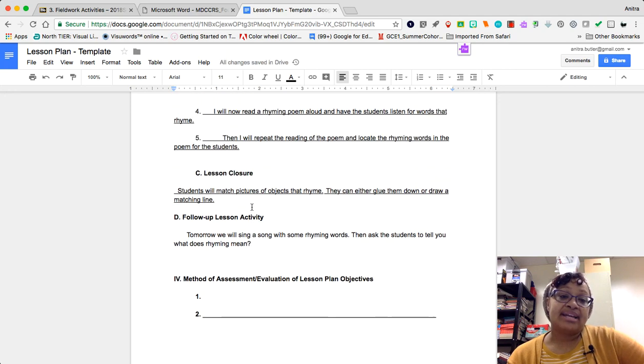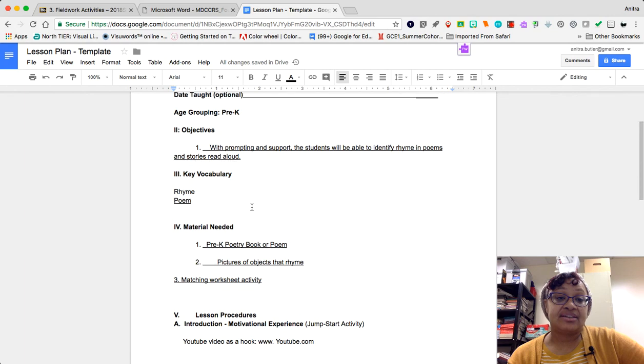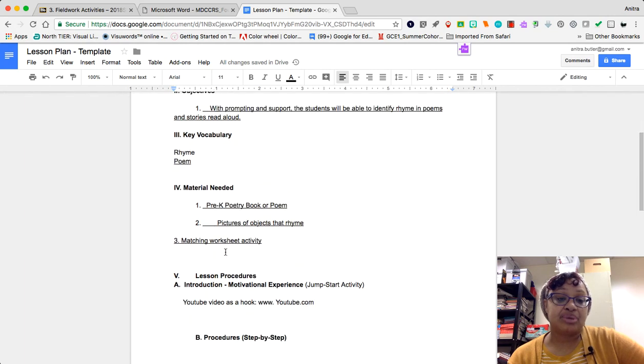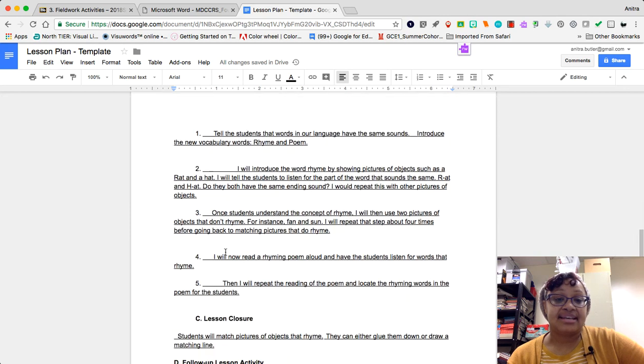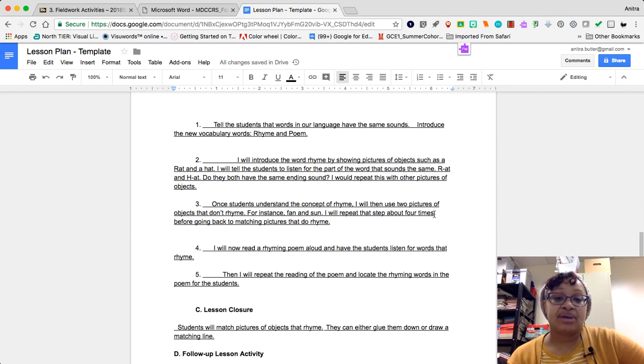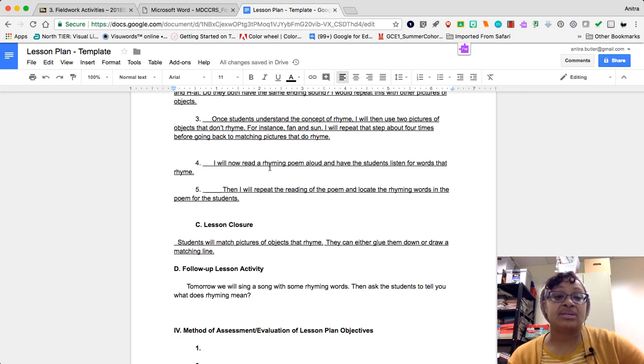Now, as I'm writing out this lesson, I just thought that I introduced my vocabulary word poem, but I didn't include that in my lesson. So once the students understand the concept of rhyme, I will do the pictures, I'll do the rhyming, then I'll repeat the reading of a poem.